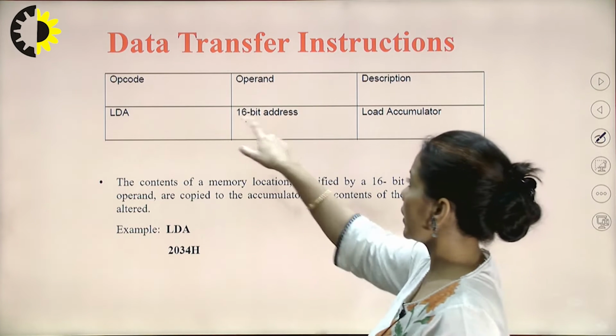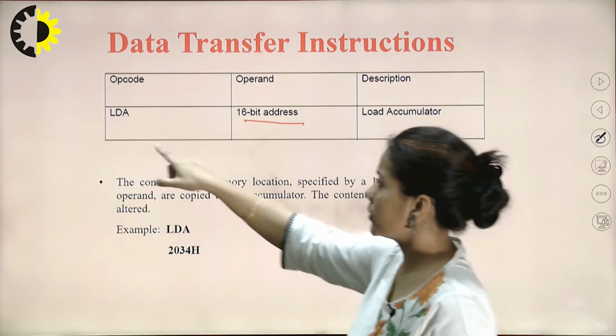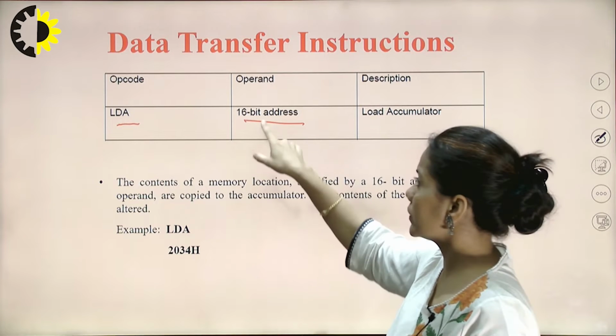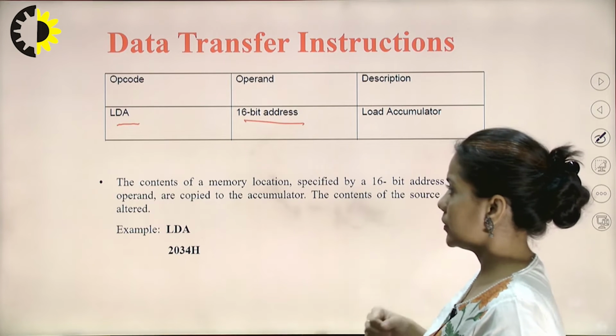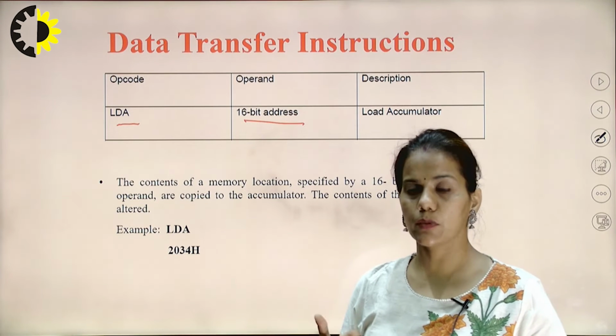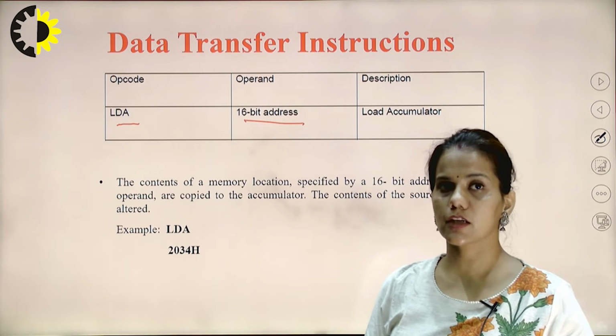LDA with a 16-bit address means it will load the accumulator with the contents at that 16-bit address.